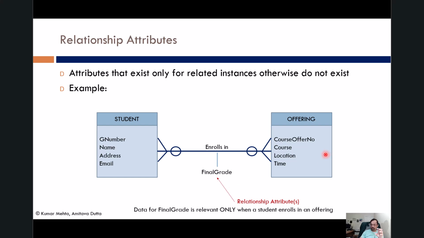It is a property of the relationship between student and offering. So remember, this is an interpretation of the picture that we have discussed multiple times across previous lectures. So let's proceed. If this picture were to appear in the logical entity relationship model, how would I implement it in the relational schema at the physical level?